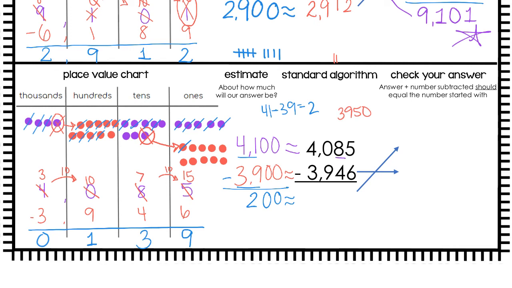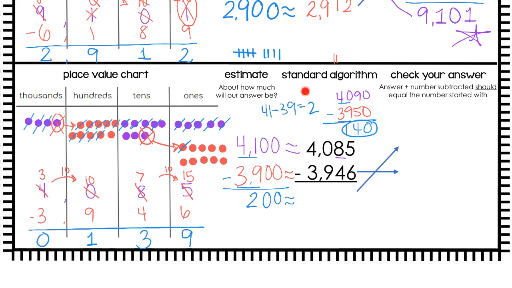So if I round this number to the nearest 10, it's actually 4,090. So if I were to subtract those, I would actually get, and then I'm going to take 40 minus 39 is 140. So yes, 140 is a lot closer to 139.